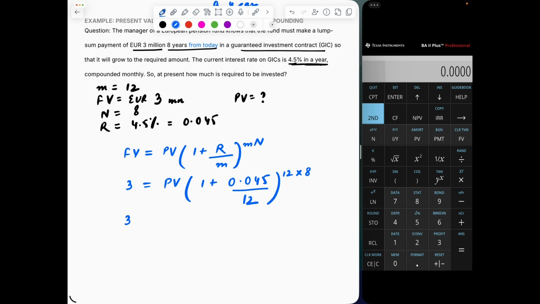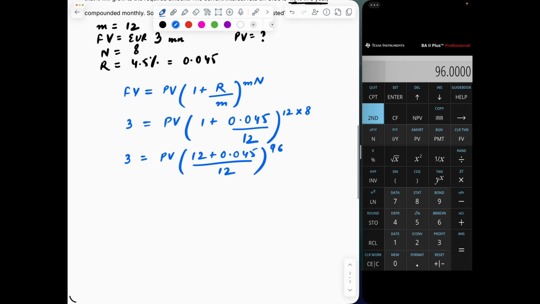So it will be 3 equals present value into (1 plus 0.045 divided by 12) to the power 12 into 8, which is 96.